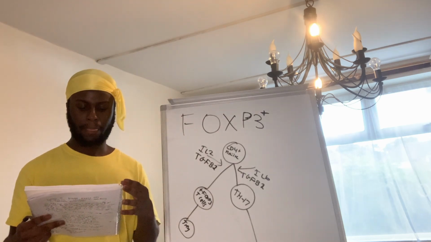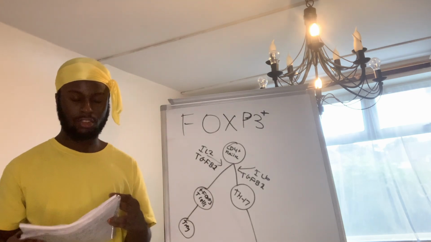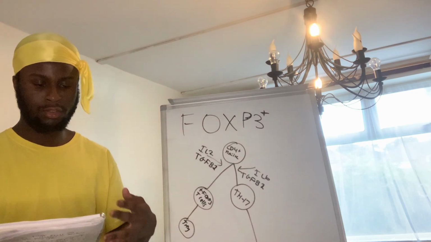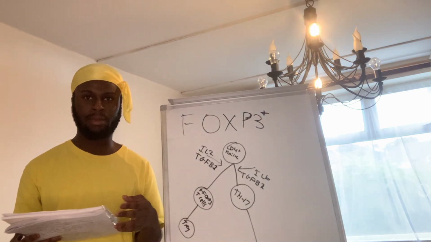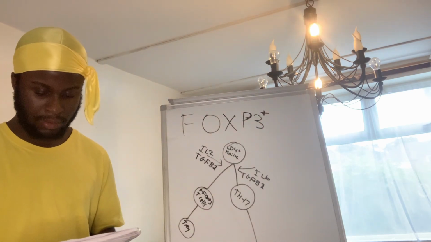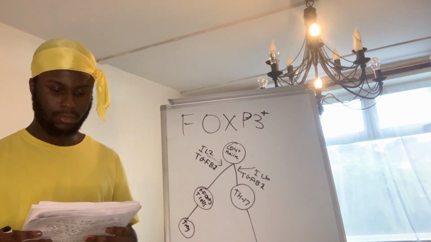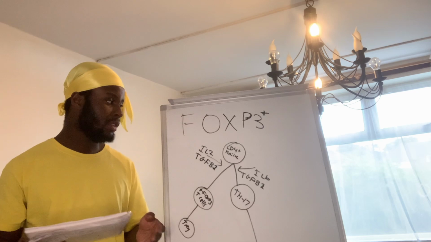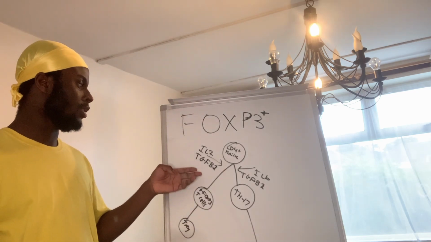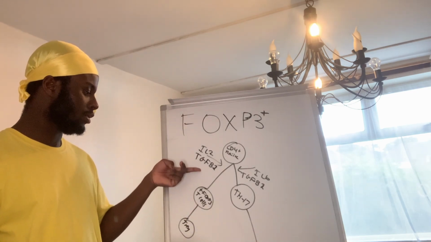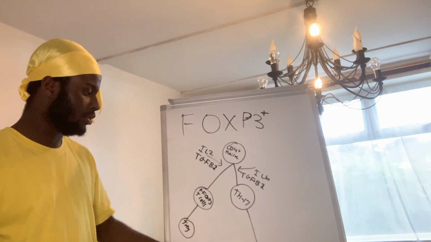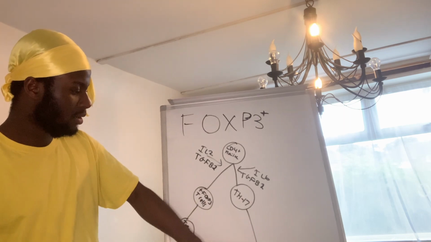It's too strong compared to interleukin 2, so the benefits of the interleukin 2 are basically nullified by it. Depending on the environment, the CD4 naive T cells convert into T regulatory cells or Th17 cells.